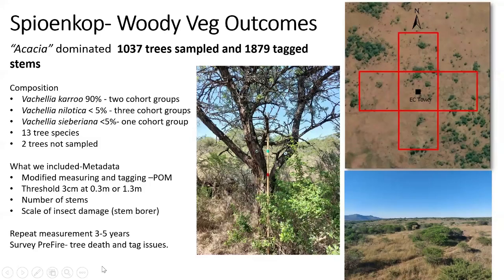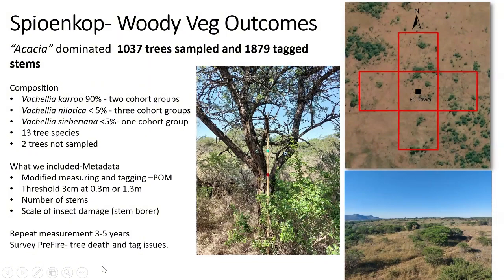So these are some of the outcomes from Spienkar for the woody plants. The site is dominated by acacia trees, and we sampled just over 1,000 trees and used nearly 1,900 tags. It was dominated by Acacia karroo, which is a known encroacher, but there was also significant Acacia nilotica and Acacia sieberiana.